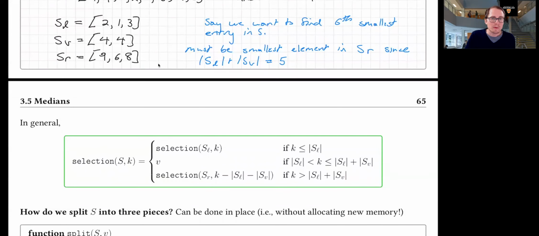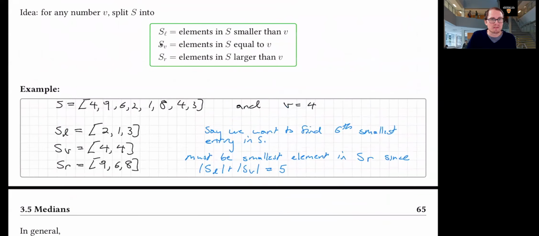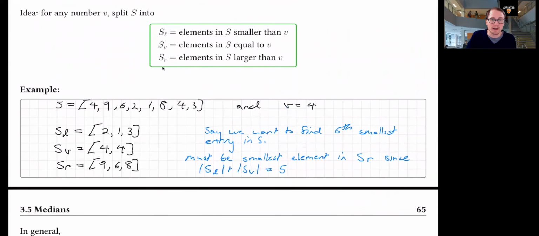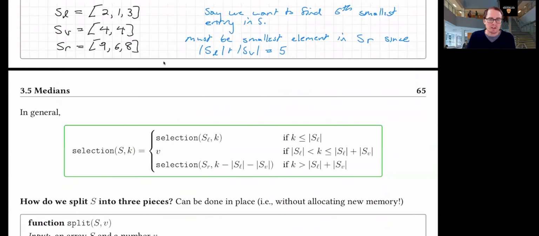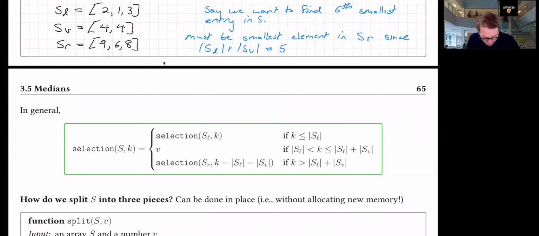So now we have to ask, let's say I give you a V. How do you split the array into these 3 pieces, S left, SV, and S right? And what we're actually going to do is try and do this in place.